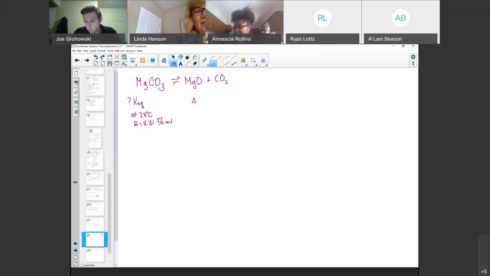So I'm just recording some data that's in the question. They give me the delta G of formation of magnesium carbonate, and that value is given as negative 1028.2. They give me the delta G of formation of magnesium oxide as negative 568.